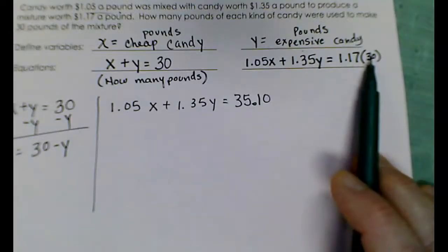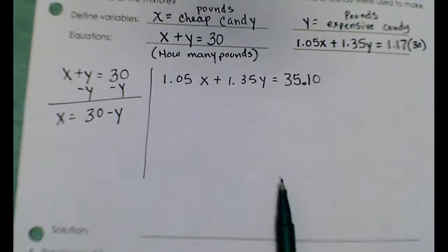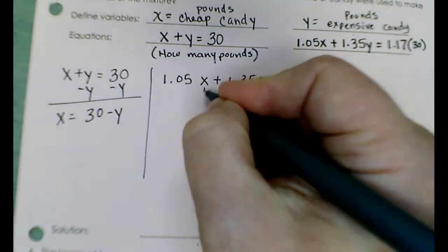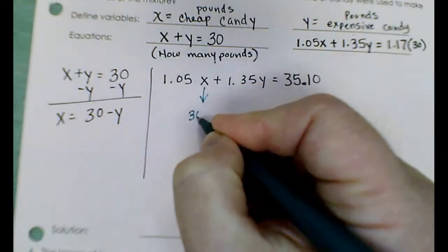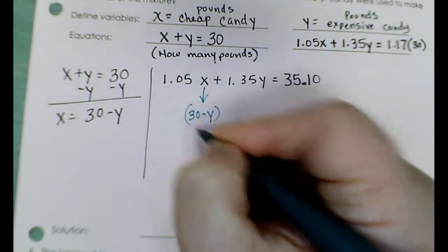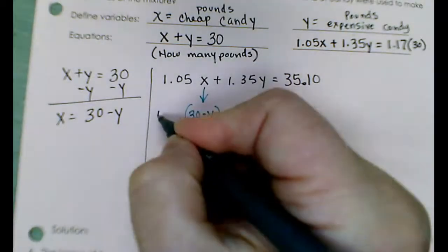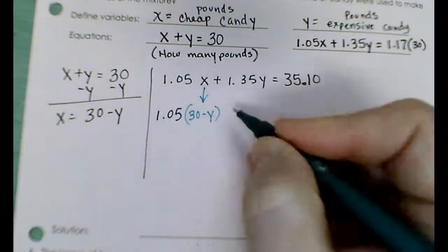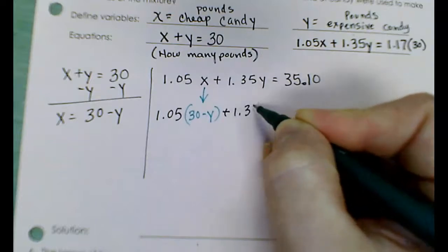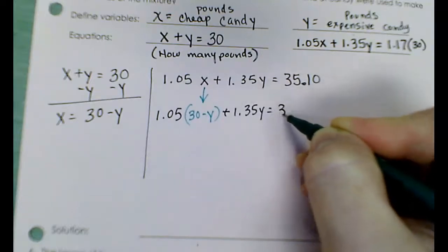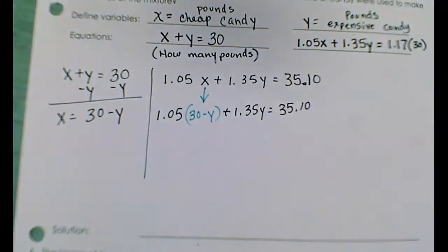I got that number by multiplying these two together. Okay, and in place of the x, I'm going to put 30 minus y. 1.05x plus 1.35y equals 35.10.